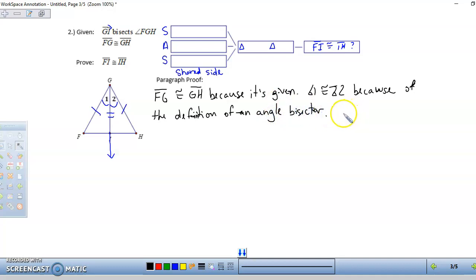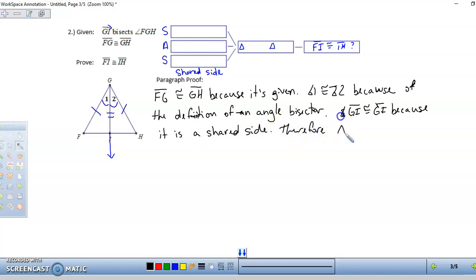Okay, and then as I said, you can just say segment GI is congruent to segment GI because it is a shared side. Okay, therefore, triangle, and you can name this however you'd like to, I'll go with FGI, is congruent to triangle HGI by side angle side.